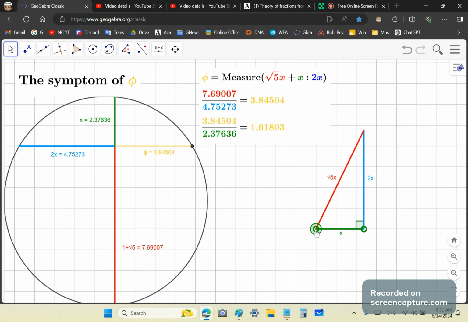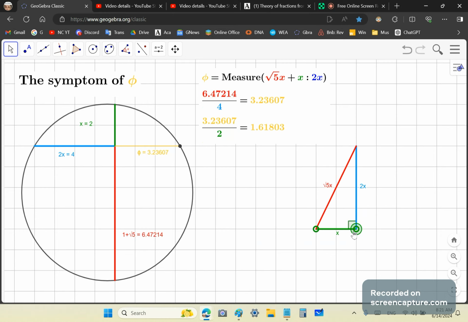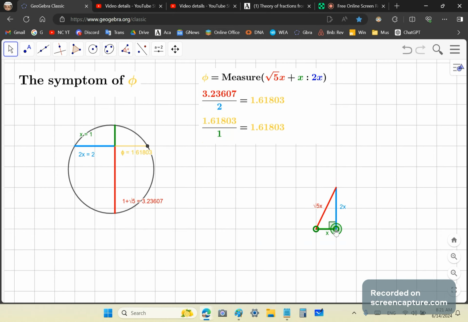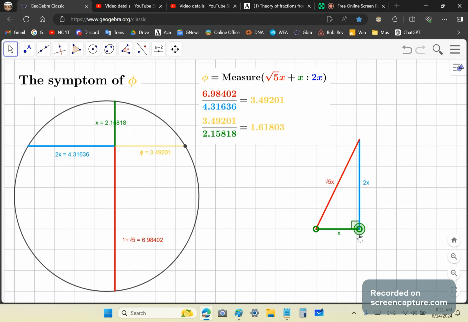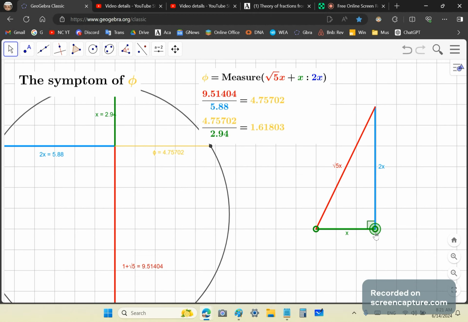If we set that to 1 like that, then the unit is 1 in this case, and of course both results will be the same. But in any case, it doesn't matter where you go, because any right angle triangle with this property, that one side is twice the other side, will result in the symptom of phi.